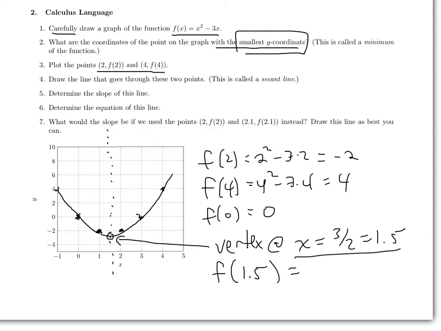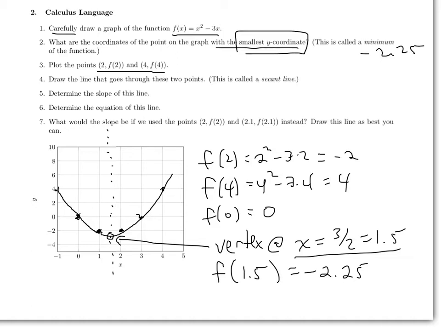All right, my calculator says that that gives me a y-coordinate of negative 2.25. So the point on the axis of symmetry has x-coordinate 1.5 and y-coordinate negative 2.25. So negative 2.25 is the answer to that question.